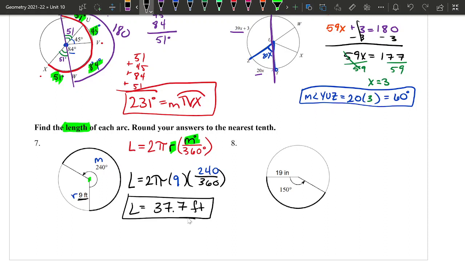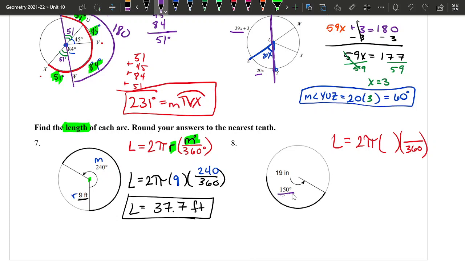And then we're going to do the same thing for number 8. Again, we have L, since we're looking for the arc length, equals 2 pi times the radius, which I'm making a blank, and the measure over 360.